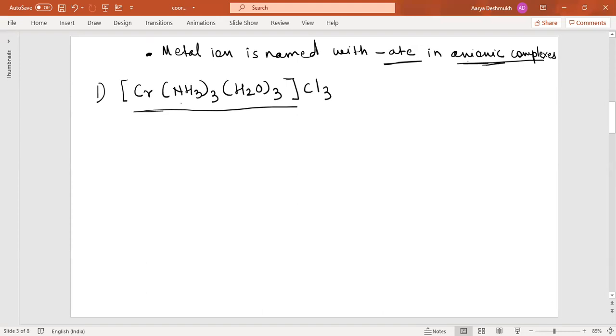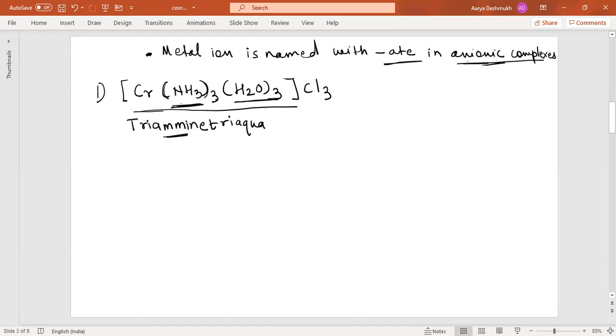So this is the ammonia molecule, a neutral ligand. There are three ammonia molecules, so right here triammine. While writing this ammine, there should be double M. Remember, triammine. There are three water molecules, so right here triaqua. This water molecule, according to IUPAC, should be named aqua.